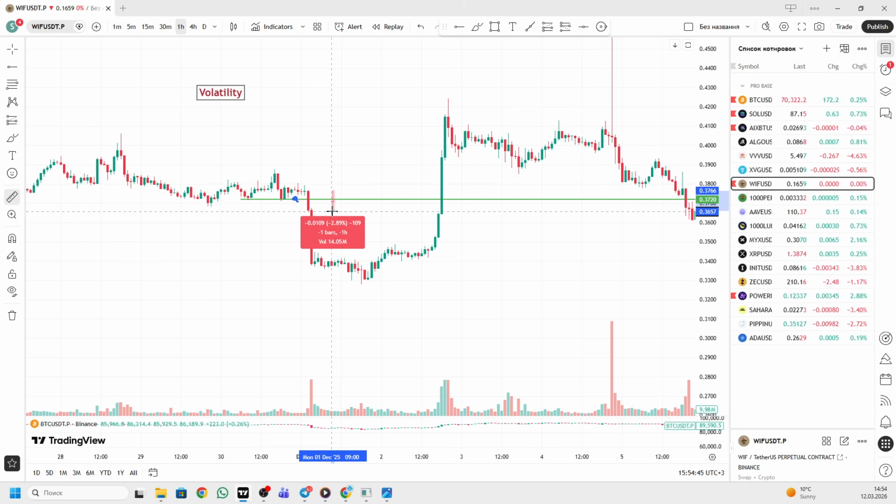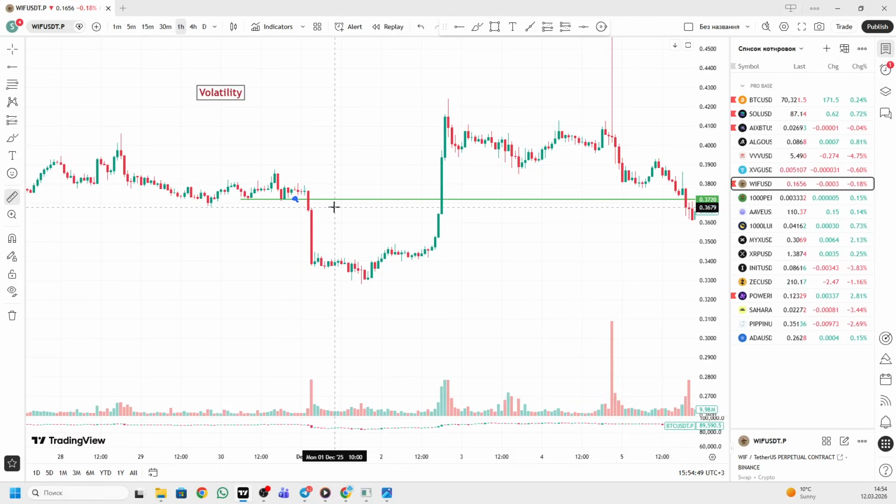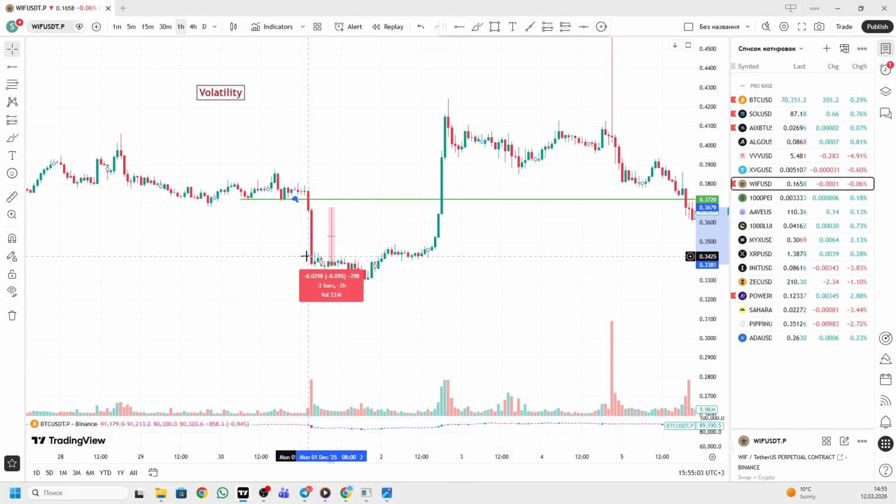It's 289. And this one is already 8%. What does that tell us? It means the volatility is increasing sharply. And when volatility suddenly grows like this, it tells us just one simple thing. The movement in the market has become much stronger.